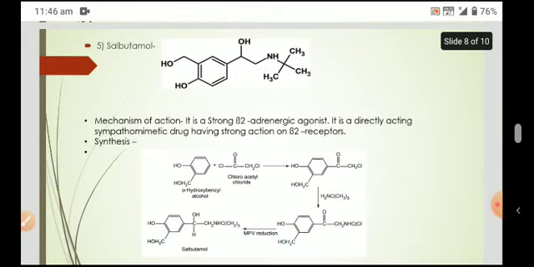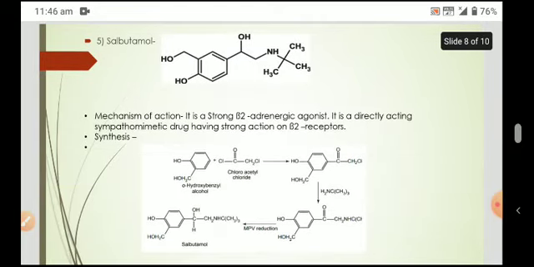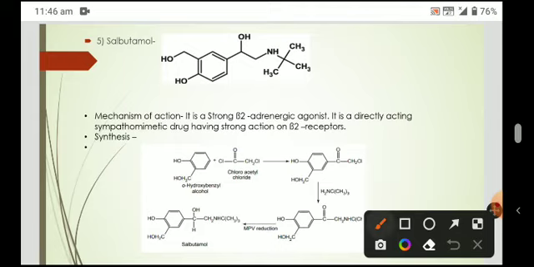The fifth drug from this category is salbutamol, which is important, considering its synthesis. Mechanism of action: it is a strong beta-2 adrenergic agonist. It is a directly acting sympathomimetic drug having strong action on beta-2 receptors.